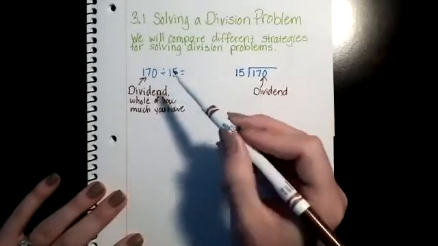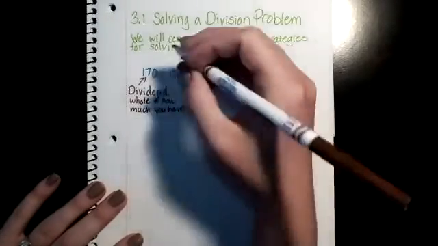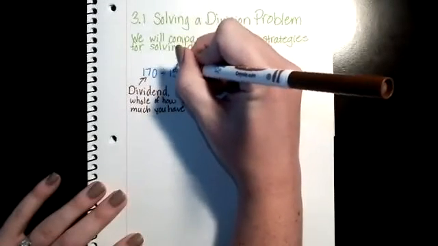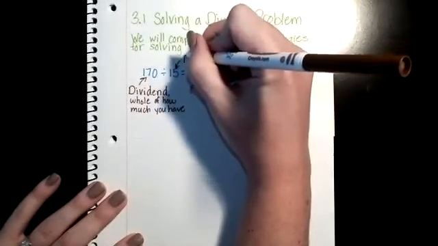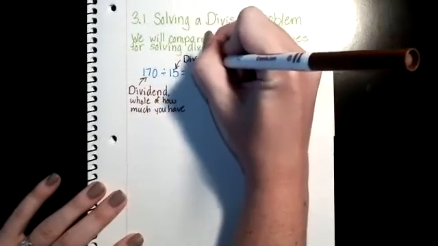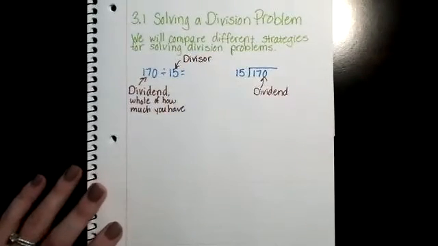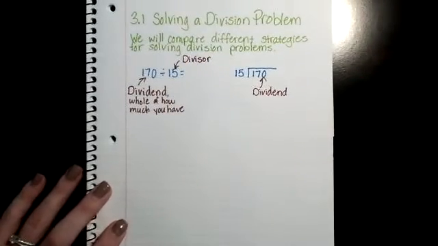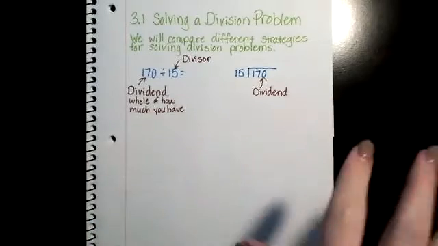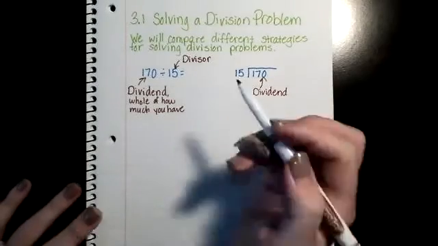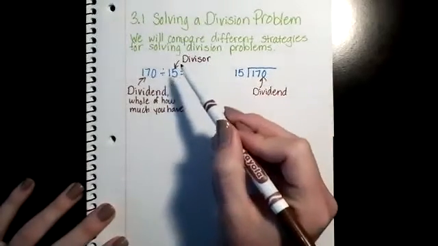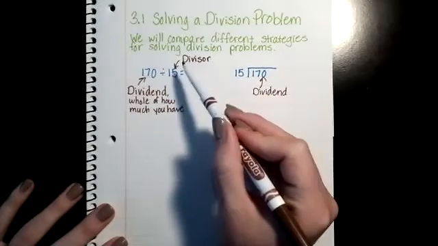This is what we are dividing by. And that is called, I'm going to put it up here so I have space, that is called the divisor. If you are familiar with the word divisive, that's usually someone who is breaking people apart or dividing groups. So I think of this number as divisive. It's the divisor.